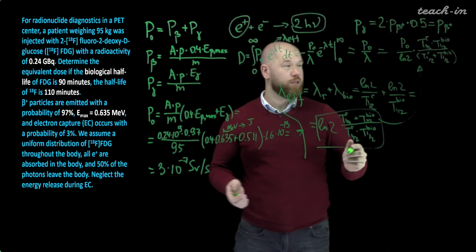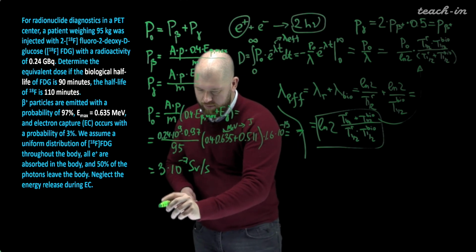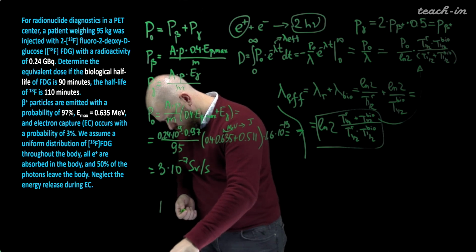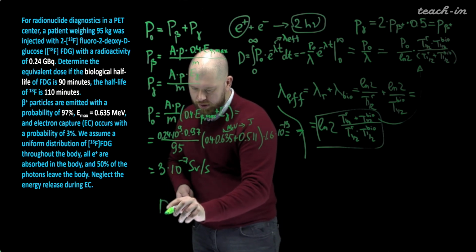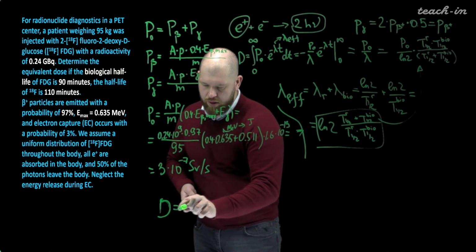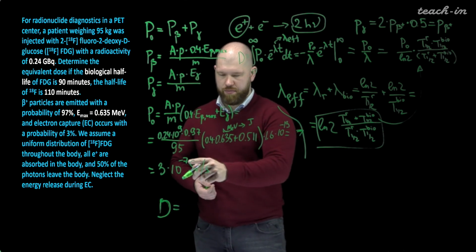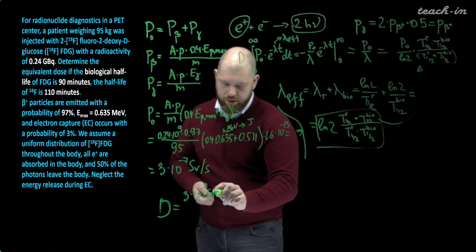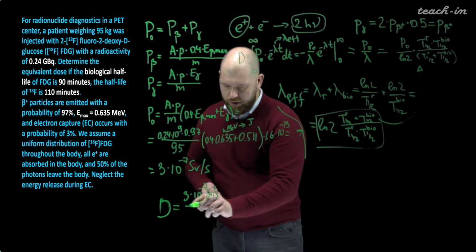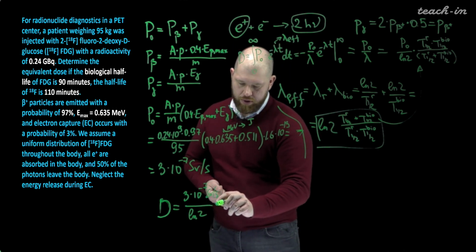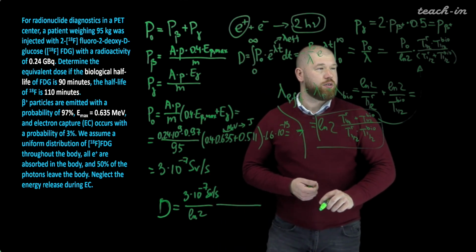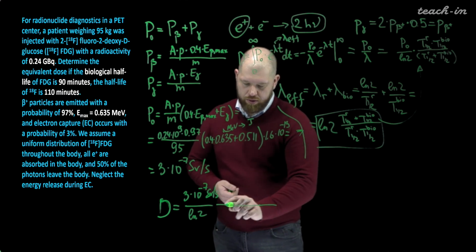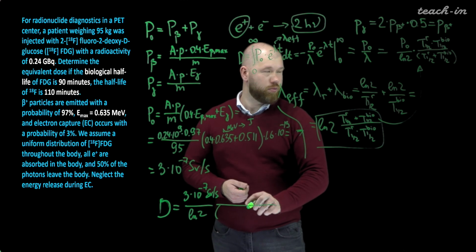So let's calculate it somewhere here, let's say. So D will be, so our dose rate 3 times 10 to minus 7 per second divided by log 2. Here is the sum of our half-lives. So let's write them first in minutes.